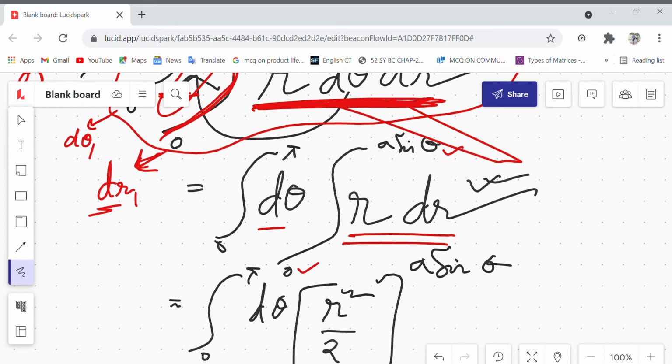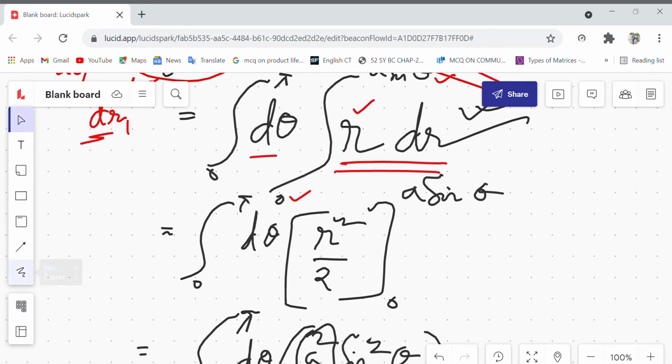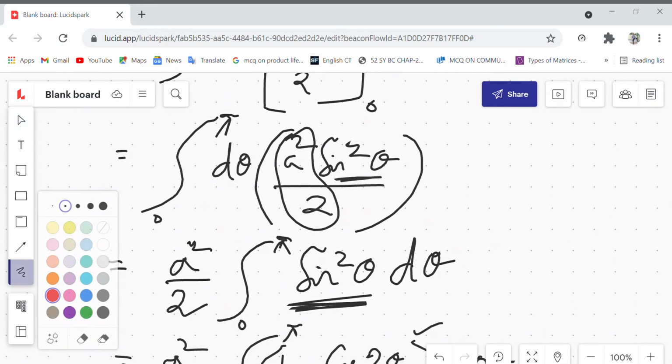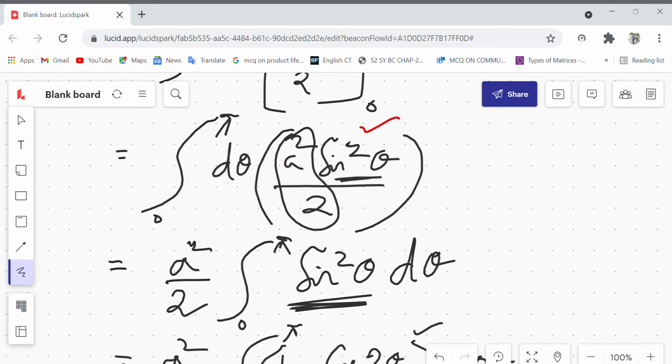Now we have to integrate this one, which will be r square by 2. Then we give the limits 0 and a sine theta. It will be a square sine square theta divided by 2. Here we have d theta also, with the integration limits 0 to pi. Here we find that a square by 2 is constant, so we take it out of the integration.